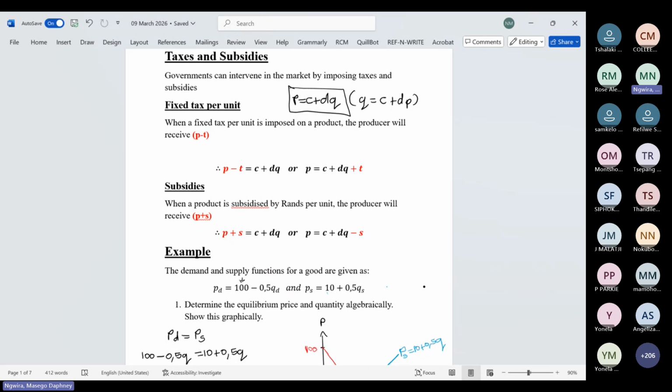Here we're talking about producers and sellers. So who is supply for, and who is demand for? Demand is for consumers, and then supply is for businesses.